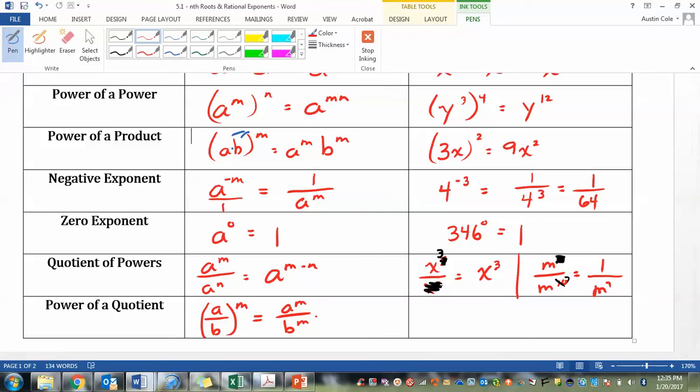So for example, if I had x over 4, but I'm going to square that. Well, I need to square the numerator, so that'd be x squared, and square my denominator. What's 4 squared? 16. So x over 4 squared would be x squared over 16.